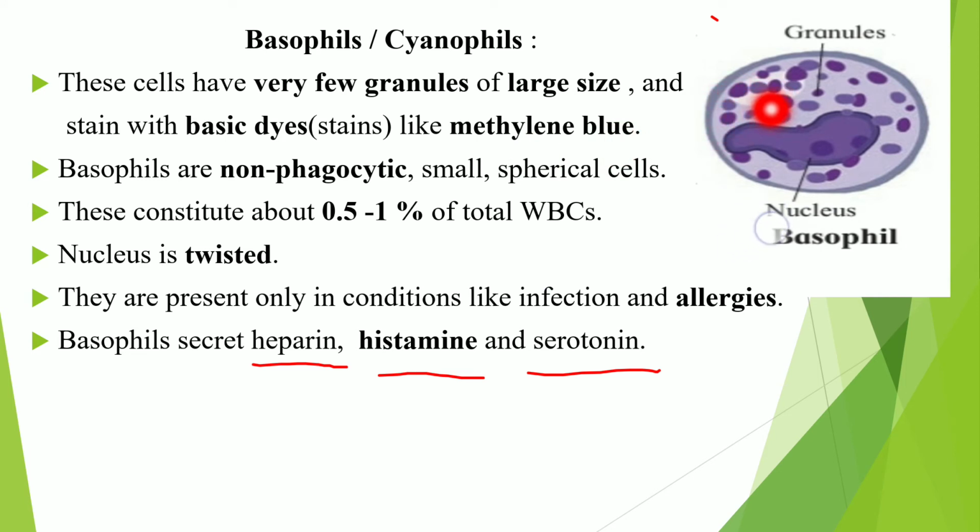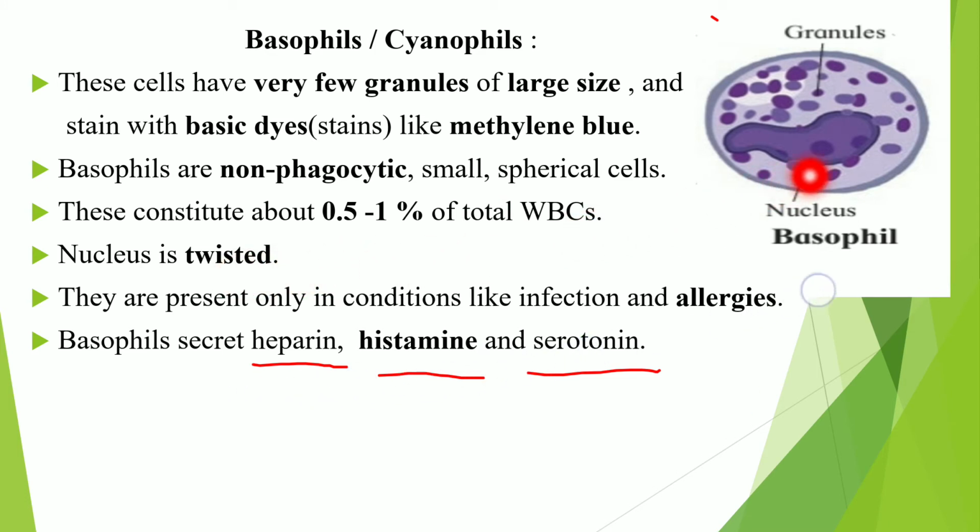So these basophils they are non-phagocytic, means they do not take part in the phagocytosis. They are small and spherical in shape. They contribute about 0.5 to 1% of total WBC.